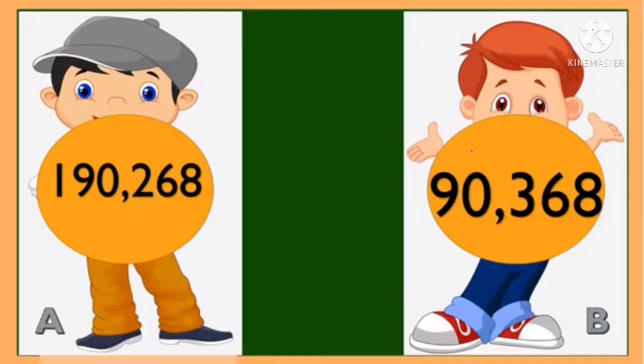Right? So here, if we have these two numbers, 190,268 and 90,368, what will be the symbol that we need to use? Remember the crocodile, right? So if you were the crocodile, which number you will eat?